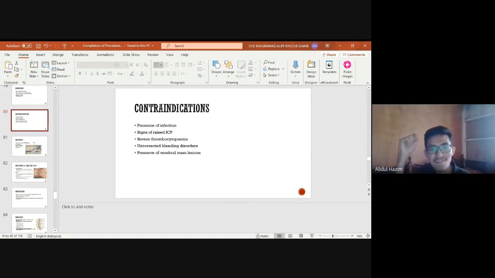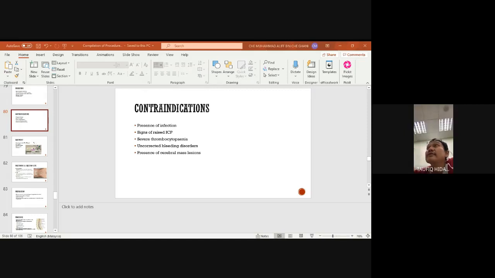Increase ICP apa yang you boleh observe? From the examination we can see if the patient has papilloedema and focal neurologic signs. Focal depend lah actually. Focal neurologic sign is a sign of the upper motor neuron lesion kan, but not necessarily increased ICP.